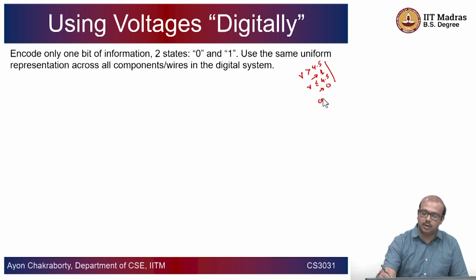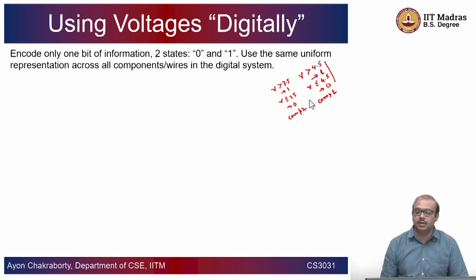This is component 1. Whereas component 2 could say that voltage greater than 3.5 is 1, whereas voltage lesser than 3.5 is 0. So this is component 2. Now if both these components are in the same system, this is going to give rise to some amount of ambiguity.